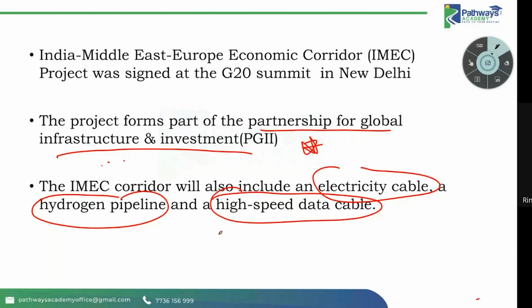We are studying a lot of corridors, but this one is very different because other than rail, road, and sea route, it has electricity cable, hydrogen pipeline, and high-speed data cable.